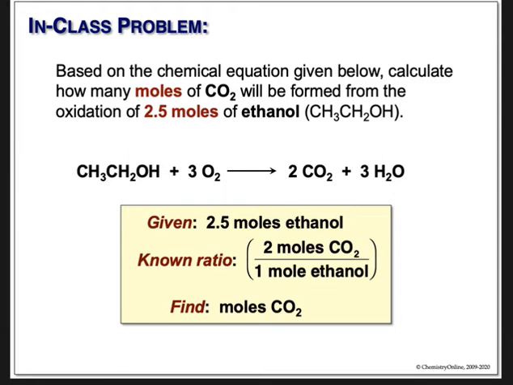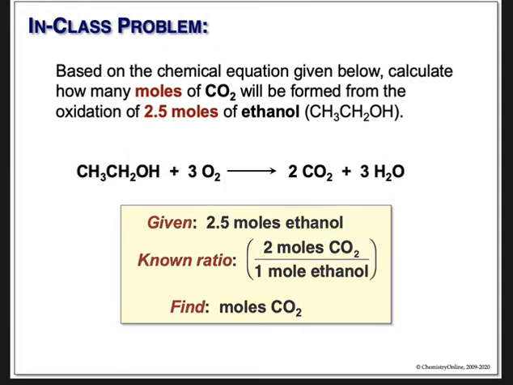We know a ratio. For every 1 ethanol, we will get 2 CO2s. So that's a ratio. I set the ratio up with ethanol in the denominator because it's given. Remember, the given always goes in the denominator. And of course, we're trying to find CO2.